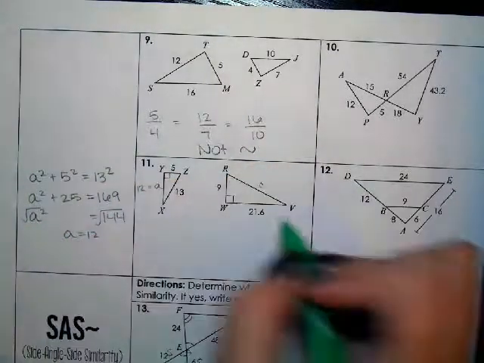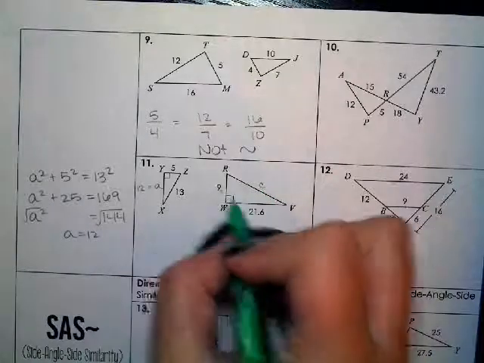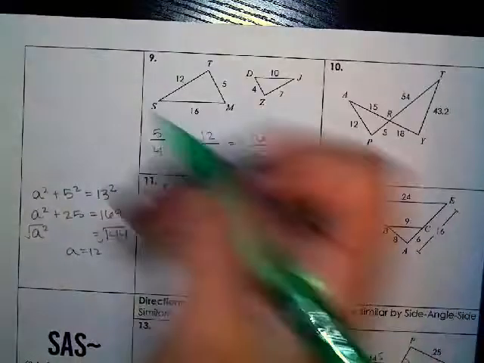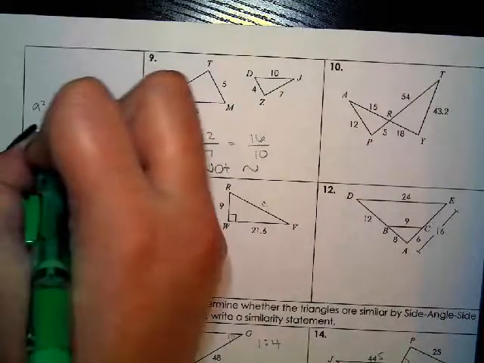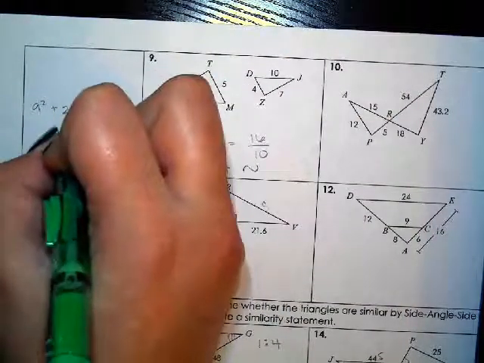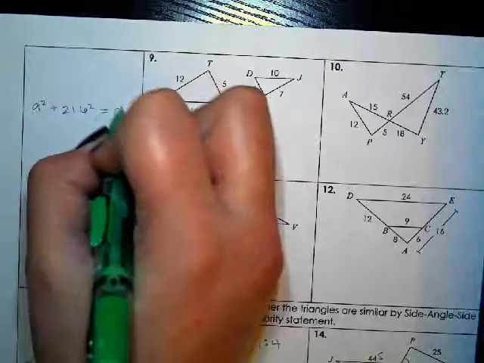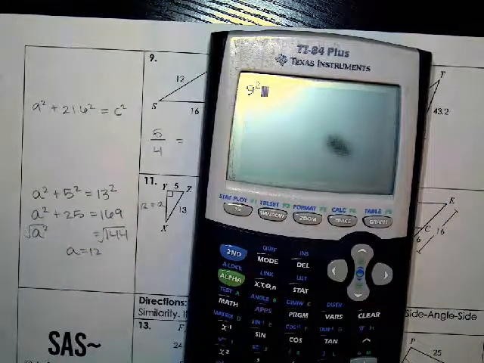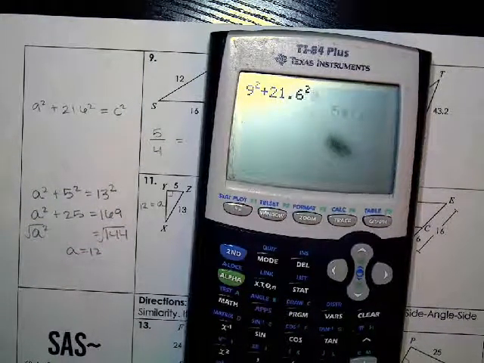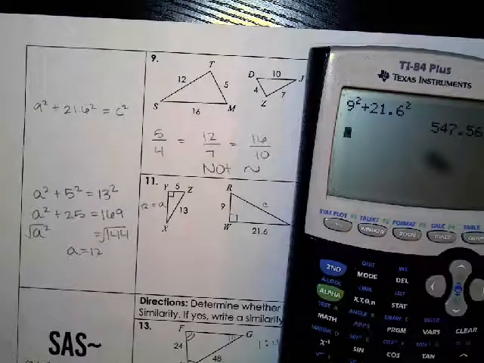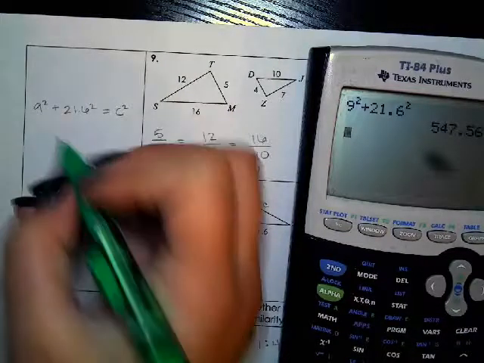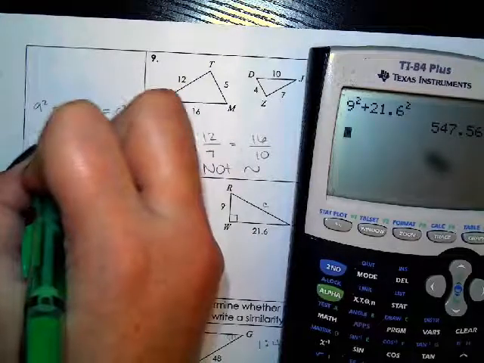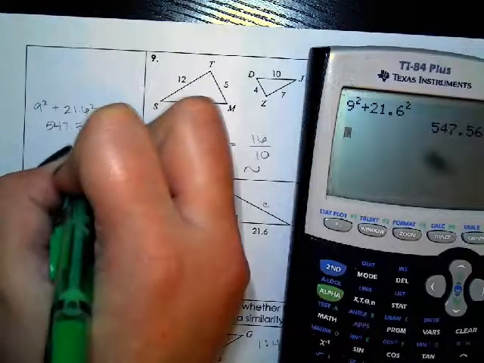Then over here, I have a squared plus b squared is c squared. This is not looking good for our triangles to be similar, I don't think. Or for our c value to be good. 547.56 equals c squared.